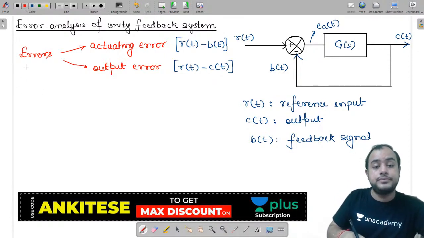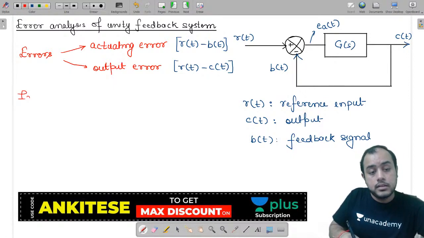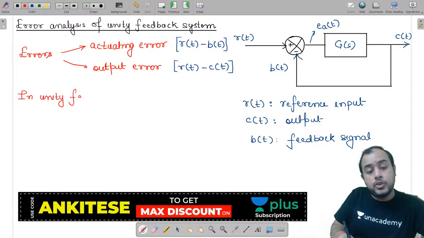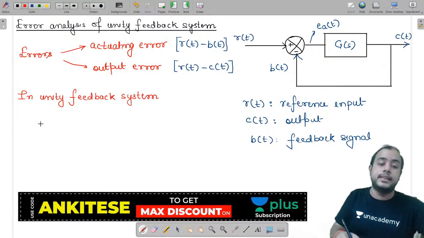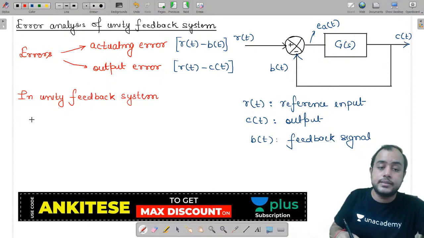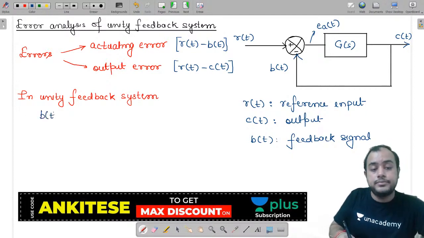Now my friend, what happens is, if you see the diagram of the system, in unity feedback system, what you can say is this CT is equal to BT.